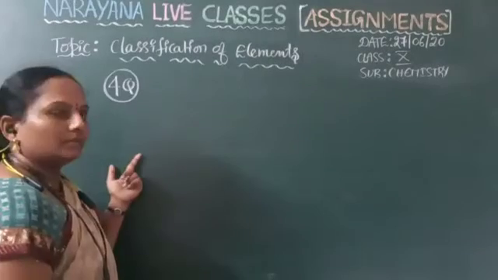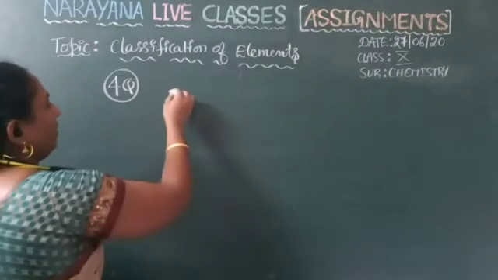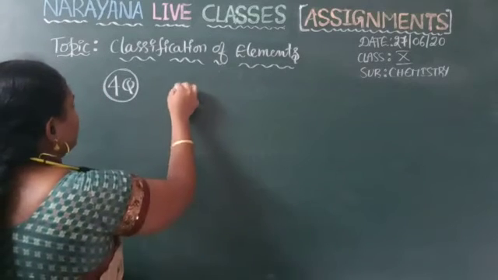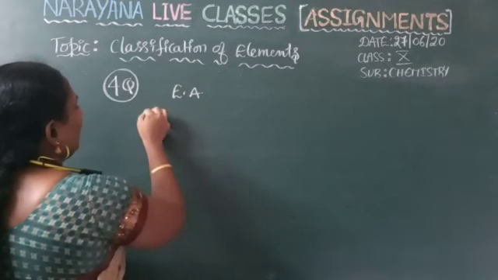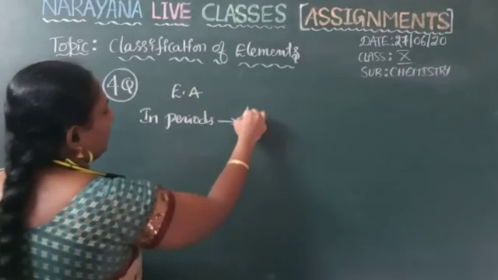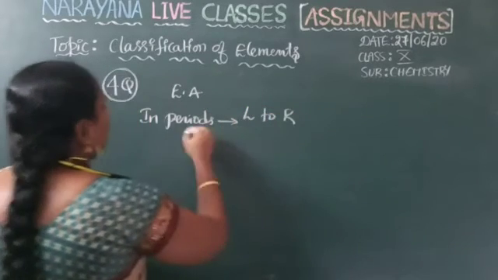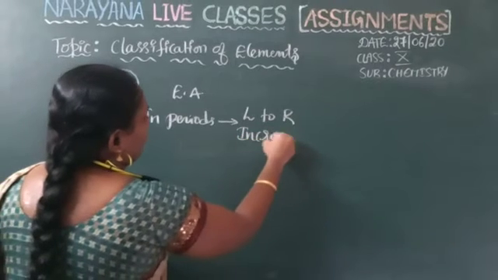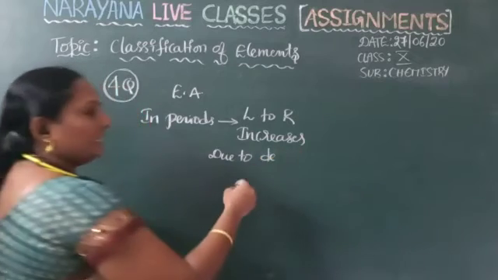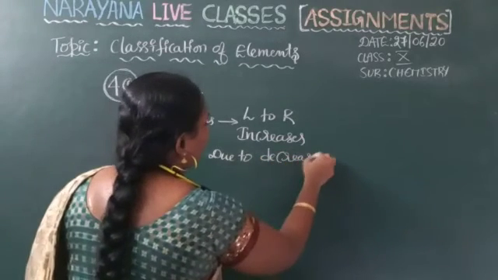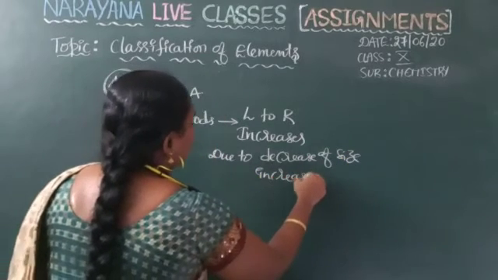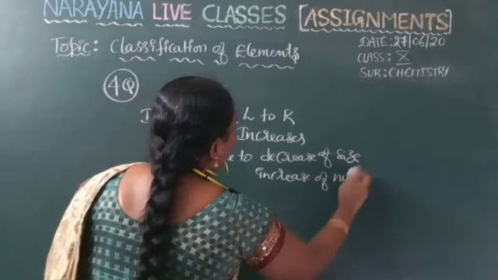Next, question number 4: how do the periodic properties change in groups and periods, especially electron affinity? In periods, from left to right, electron affinity increases due to decrease of size and increase of nuclear attraction.